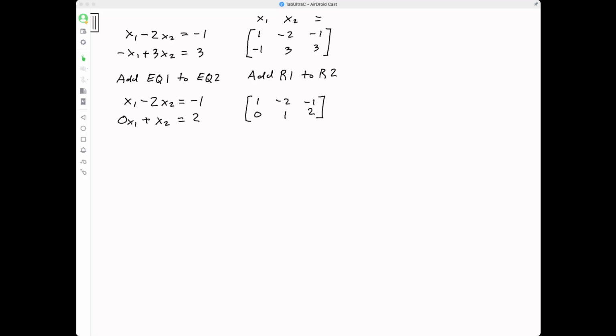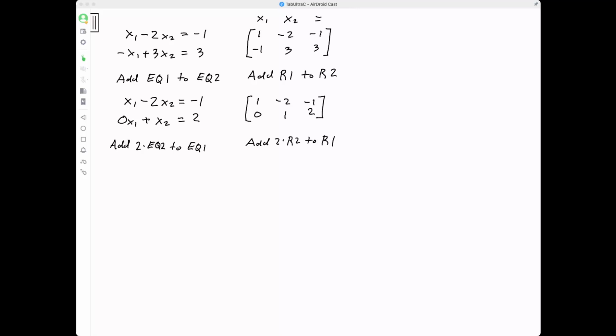Now I'm going to just multiply row 2 by 2 and add it to row 1. So the way I can say that is I'm going to add 2 times the second equation to the first equation. Or in the matrix, that would be adding 2 times row 2 to row 1.